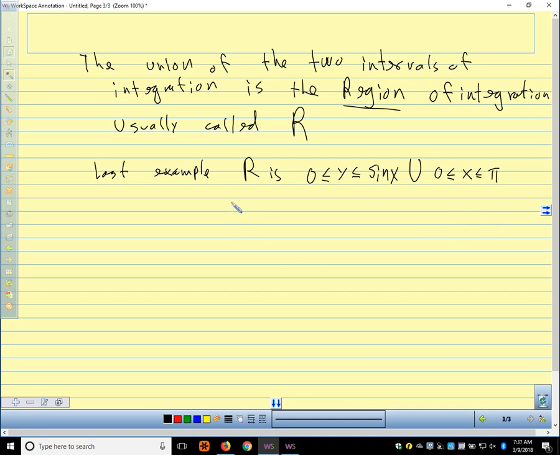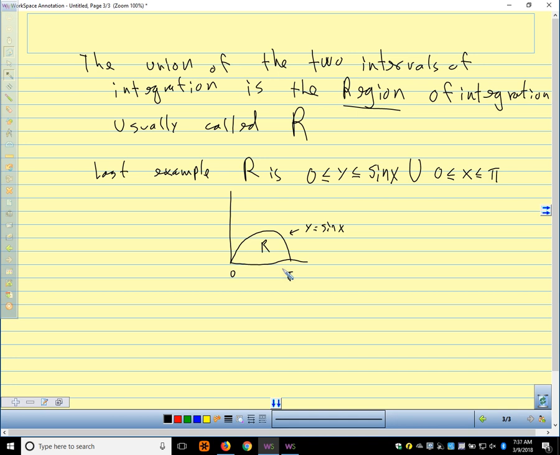And in the plane, y goes from 0 to sine x. Well, there is sine x from 0 to pi. So this would be the region of integration.